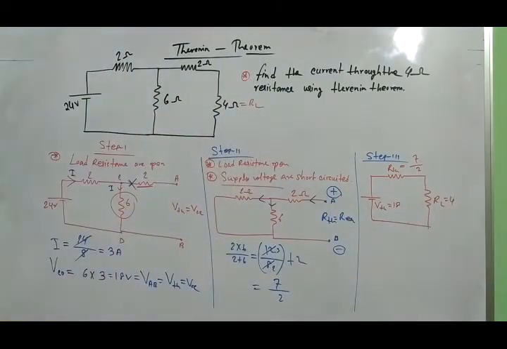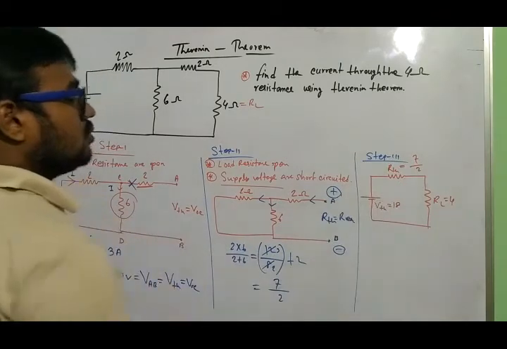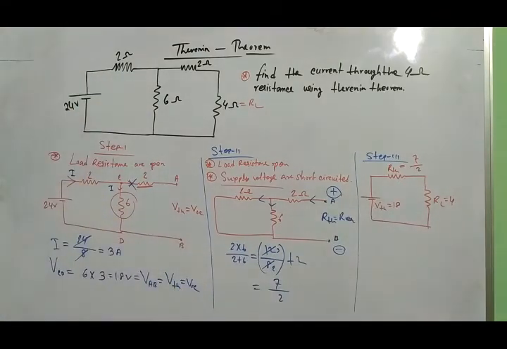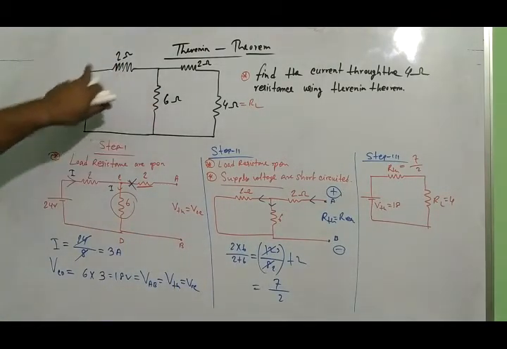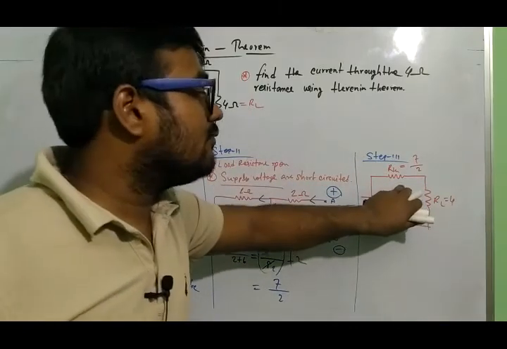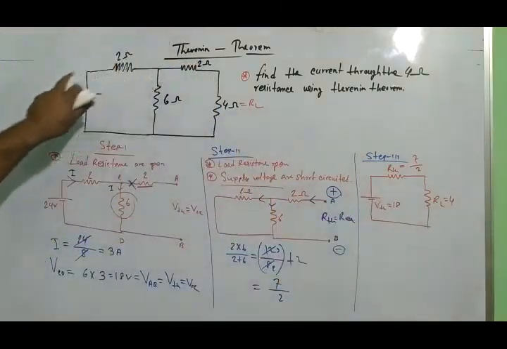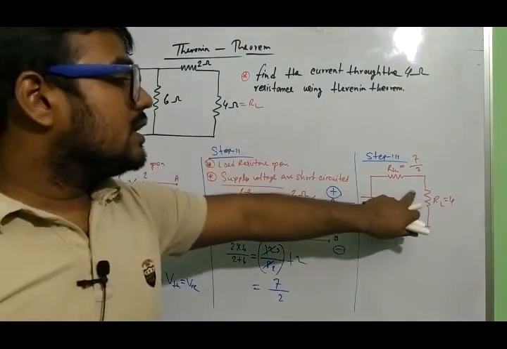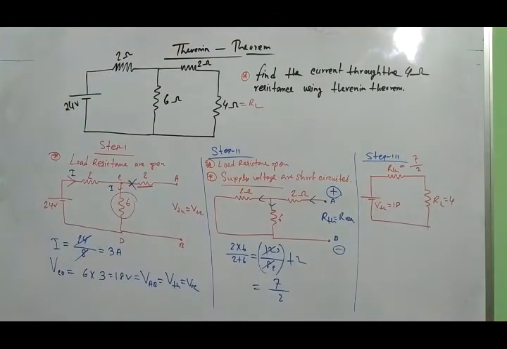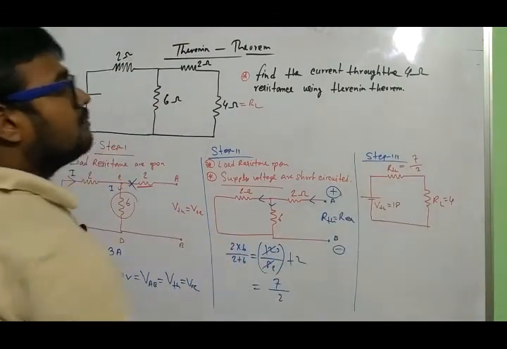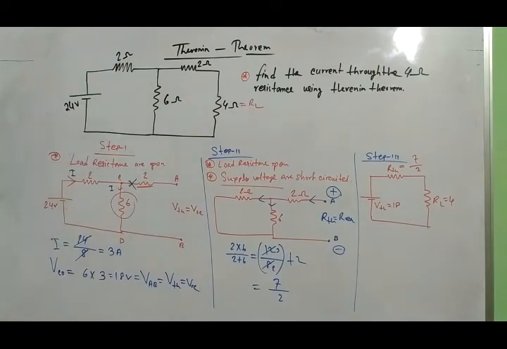Now I am finding the current through the 4 ohm resistance from this circuit. So what actually am I doing? I am converting this whole circuit into this simplified form, the simplified form given by Thevenin.